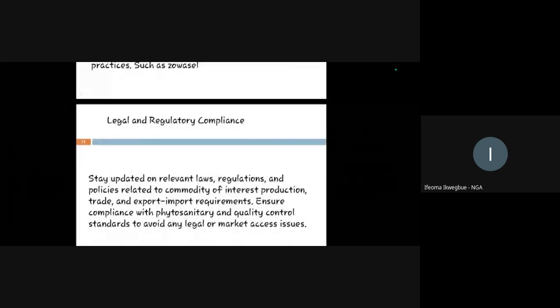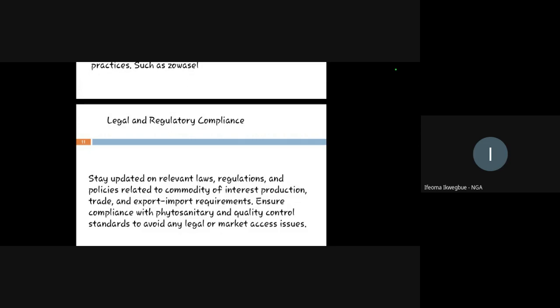Then, the legal and regulatory compliances. We are aware of most of the relevant laws, regulations, and policy related to commodity of interest. So in this regard, you can visit any of our centers, or at the same time get onboarded on our platform to know more about most of these relevant regulations and policy, so that you can make informed decisions about compliances.